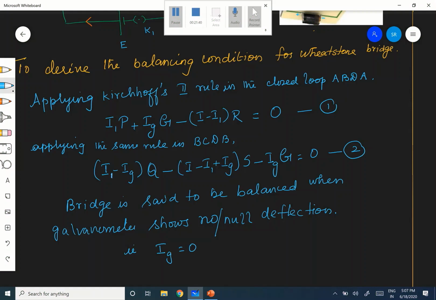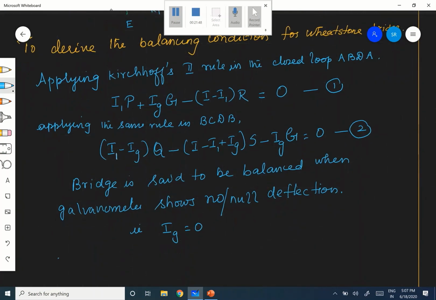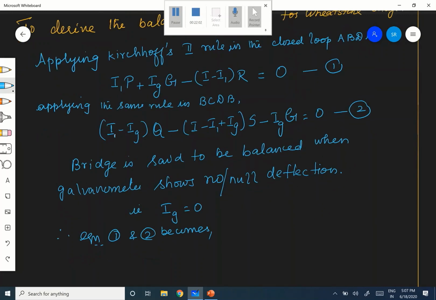Therefore, by putting IG equal to 0 in equations 1 and 2. Why is IG equal to 0 now? Because the bridge is said to be balanced only when there is no current through the galvanometer. Therefore, put IG equal to 0.